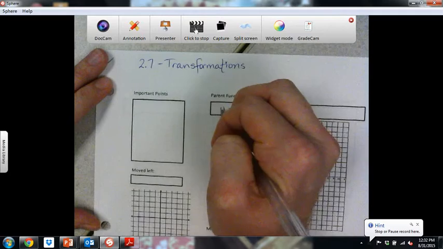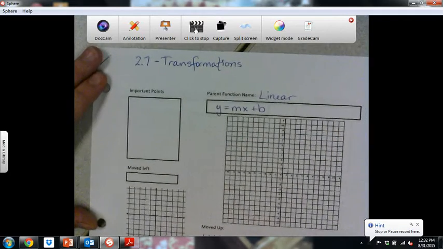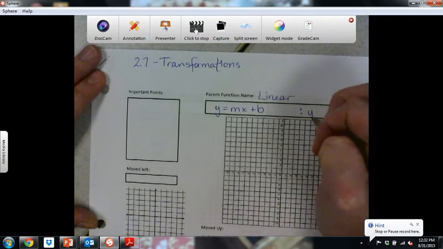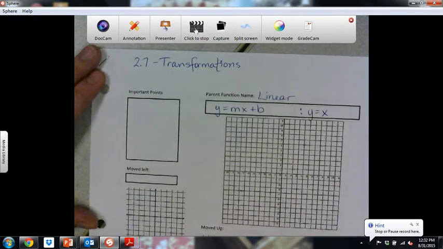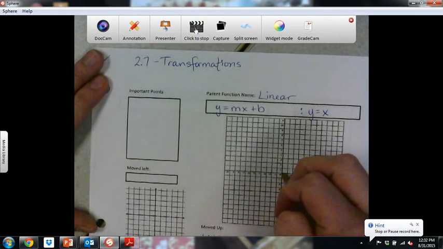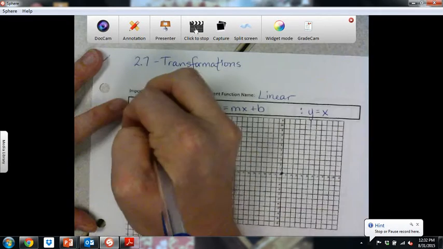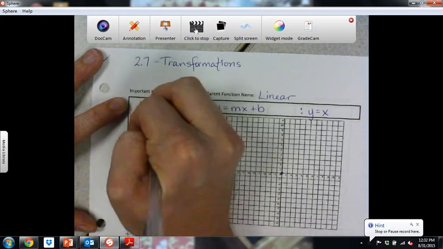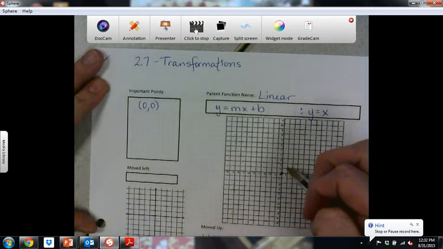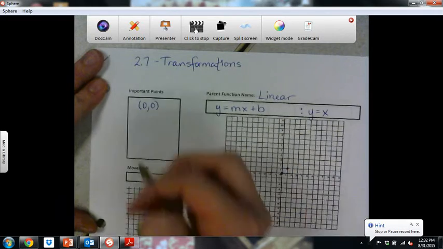And this is something you've seen frequently before, but the most basic form of the linear function is y equals x. And so hopefully you remember what that looks like. Y equals x has a y-intercept at 0, 0. And so one important point here is 0, 0. And then it would have a slope of 1, so it would rise 1, run 1, and then would continue on in a straight line here.